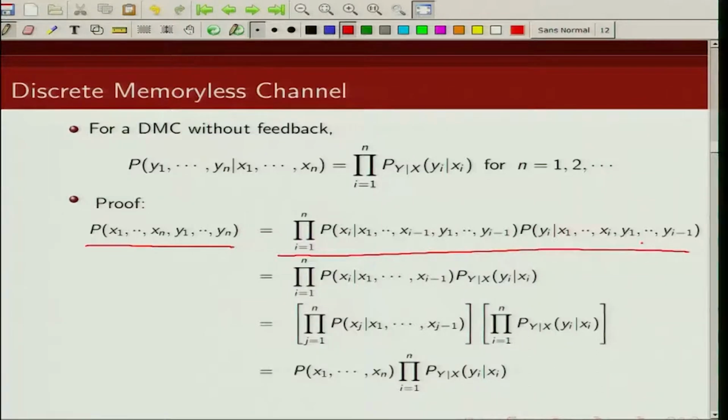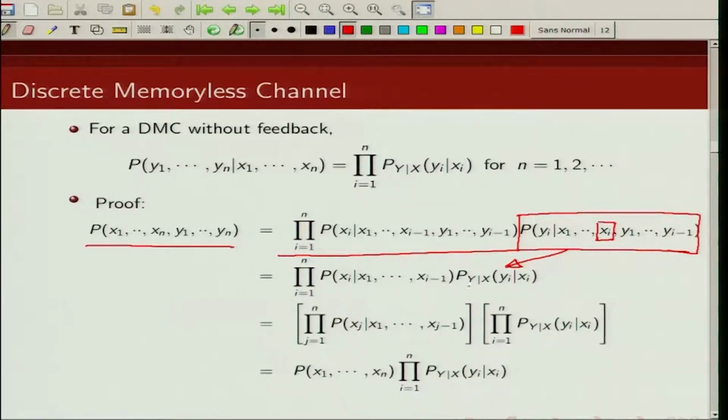Now, because it is a memoryless channel, this term is equal to this. So the probability of yi given x1, x2, up to xi and y1, y2, up to yi minus 1 only depends on the present value of the input.